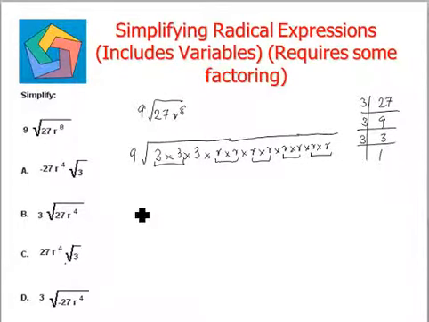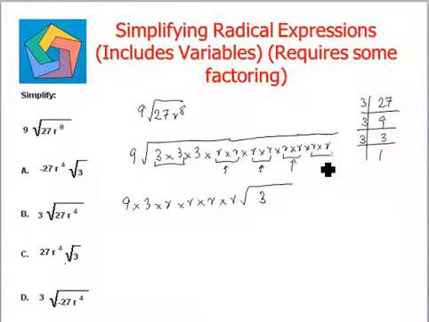A pair of 3s comes out of the radical as a single 3. The first pair of r is a single r outside. The second pair is another single r outside. This pair is another single r, and another r. And inside we're left with only 3 because the rest of the numbers and variables have come out.